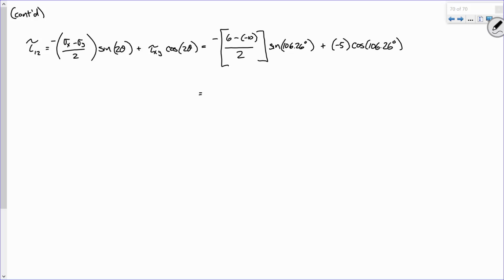So let's follow this out. 6 plus 10 is 16 over 2 is 8, so that's negative 8 sine of 106.26 minus 5 cosine 106.26. So what does that come out to be? It might be negative 6.28. Do I have a second on that?